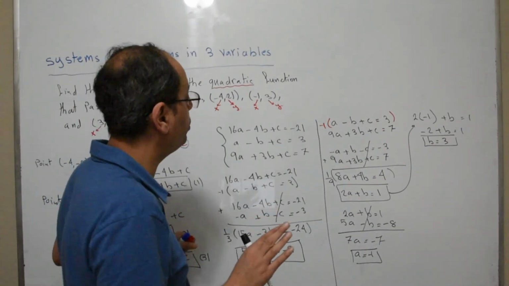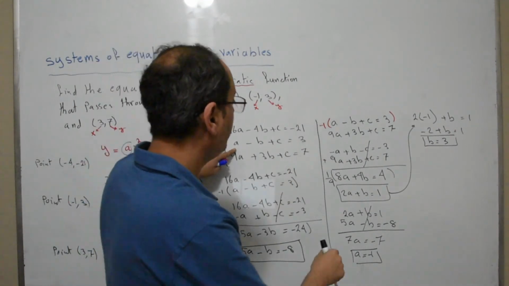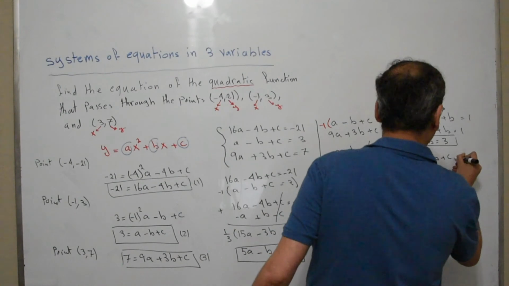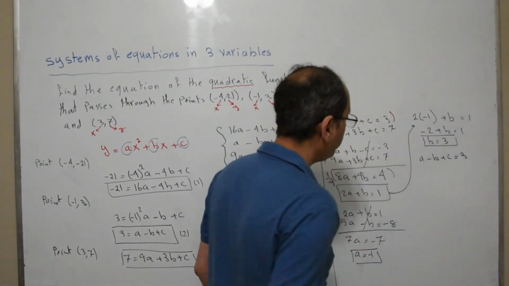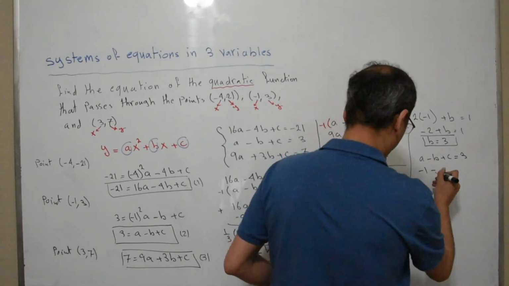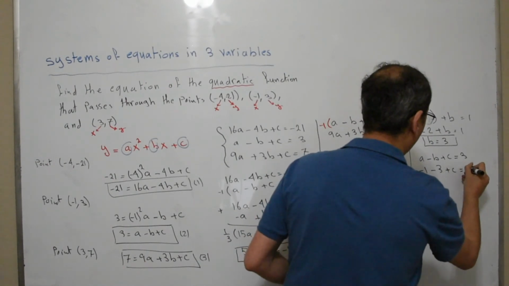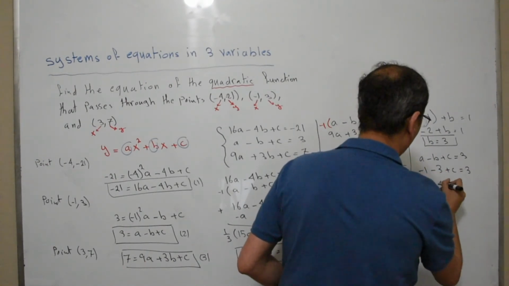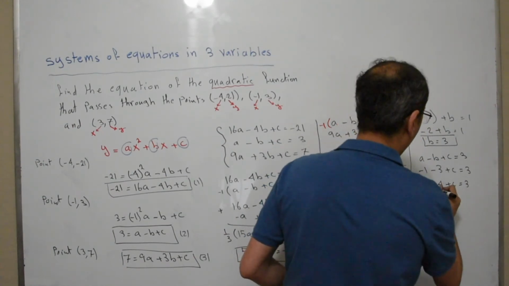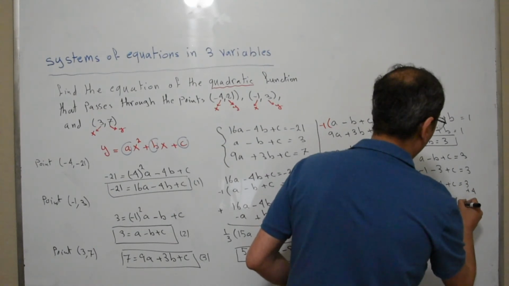You can substitute in any one, but I would choose the second one. Look how easy that is. So I'm going to write the equation again: a minus b plus c equals 3. So what's a? Negative 1. And what is b? 3. So negative 1 minus 3 plus c equals 3. So I have negative 4 plus c equals 3. We add 4 to both sides. So c is 7.